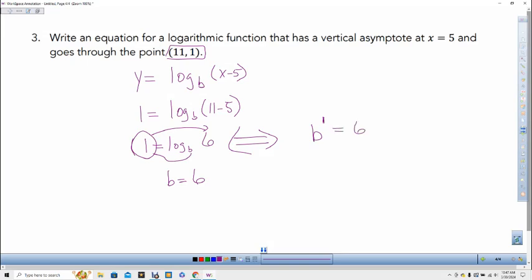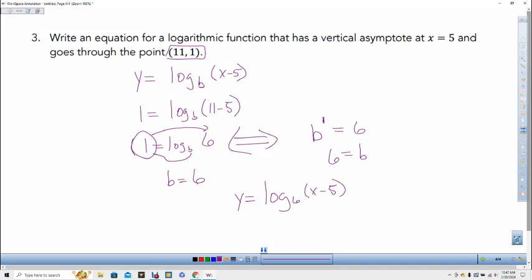This is the value that the exponential is going to equal. Now, what would I have to raise to the first power to get 6? Well, I would have to raise 6 to the first power to get 6. So now when I put everything together, my equation is y equals log base 6 of (x minus 5).